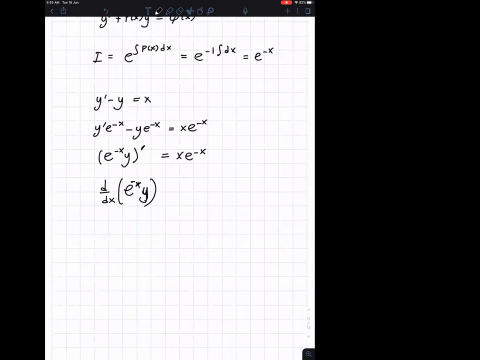If you take the derivative of e to the minus x times y, you apply the product rule: e to the minus x multiplied by the derivative of y, which is y prime, plus y multiplied by the derivative of e to the minus x, which is minus e to the minus x. So e to the minus x times y prime minus y.